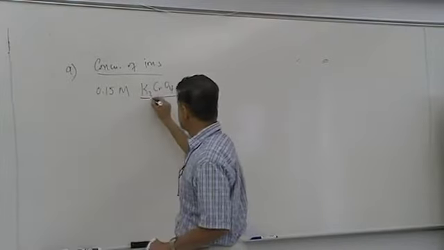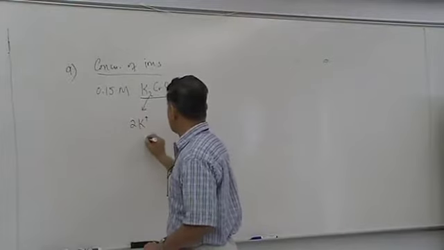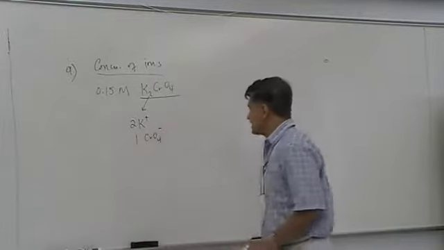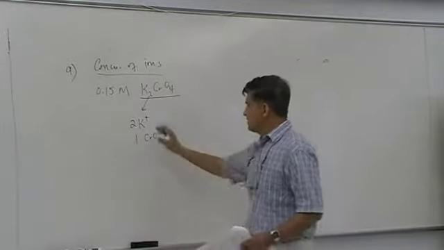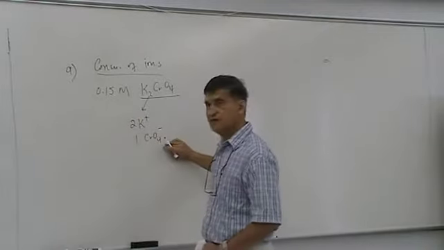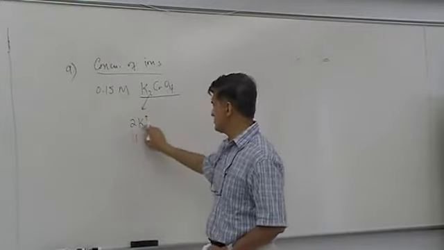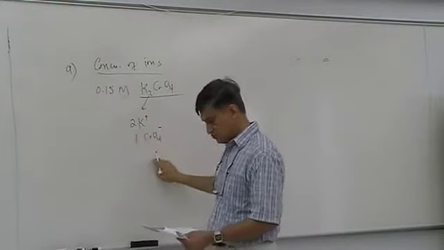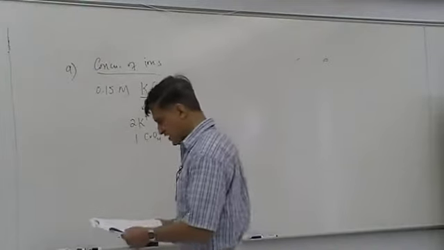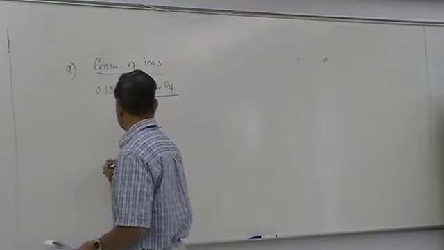K2CrO4 has, if you just look at one molecule, 2 K plus per molecule and 1 CrO4 minus. So that makes it simpler. If I have 1 molar, I would have 2 molar of K plus, 1 molar of CrO4 minus. If I have 0.15 molar, it would be 0.15 times 2 for K plus, and 0.15 times 1 is going to be CrO4 minus. So I'm just going to do one such calculation, because this would be pretty straightforward.